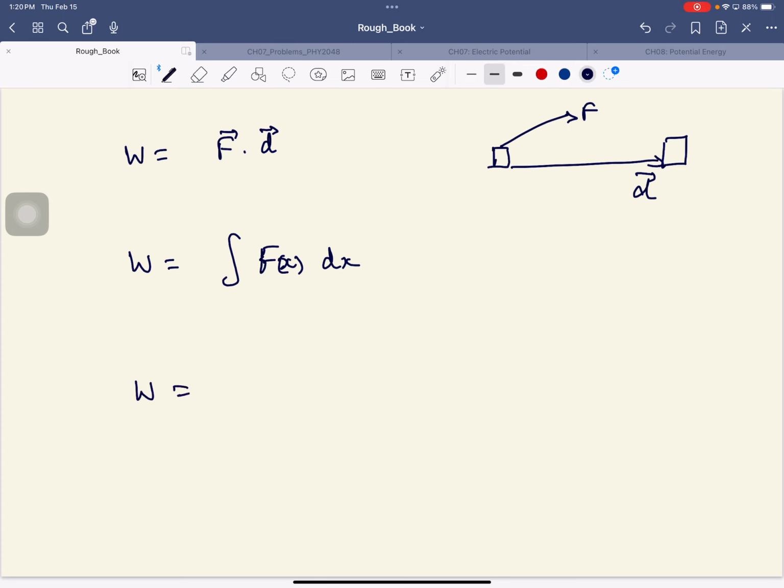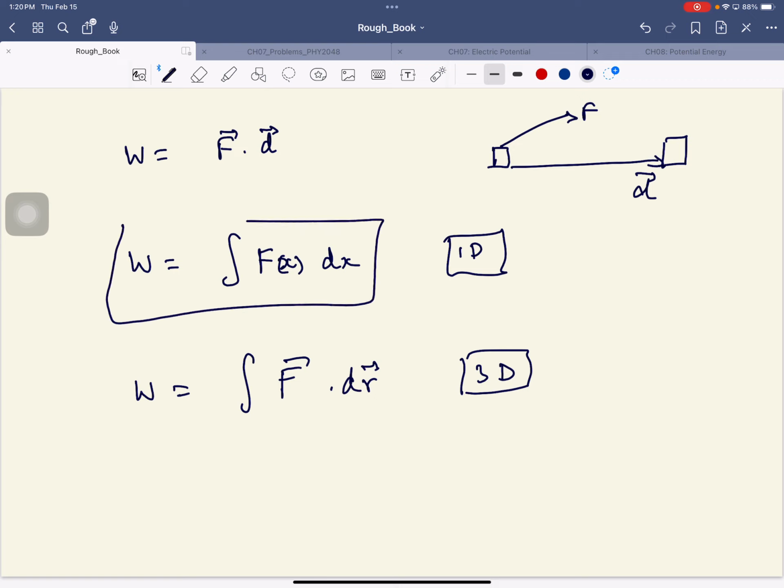And this is how you calculate the work done if you're going in a general trajectory. It's a line integral. So this is 1D and this is 3D. All right, so this is how you calculate the work done.